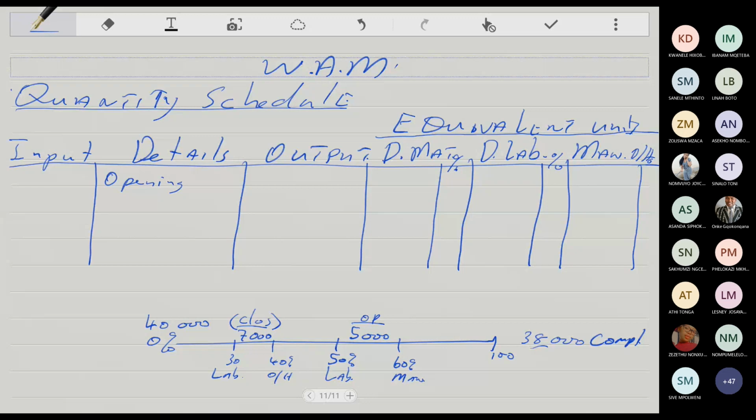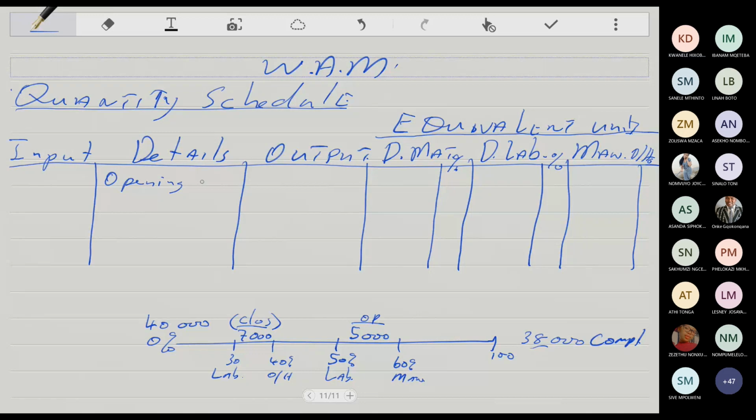In this case, instead of saying minus the closing, as you remember when calculating the cost of sales, we don't have closing, but we've got completed units. So we simply minus the 38,000, which takes you to 7,000. Okay, thank you, sir. Thank you.